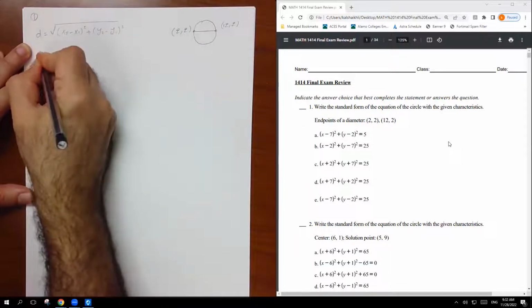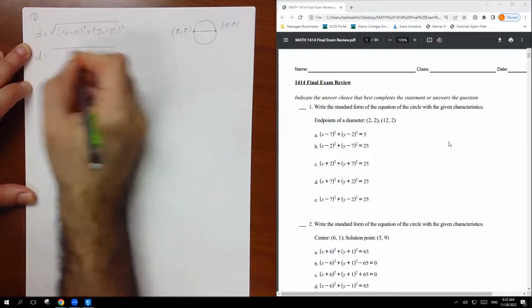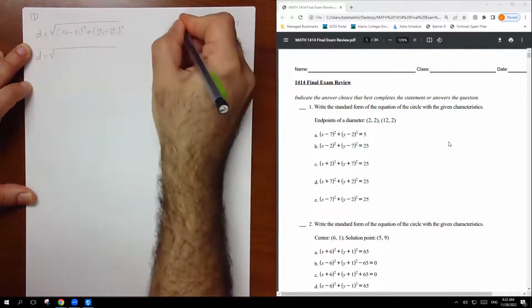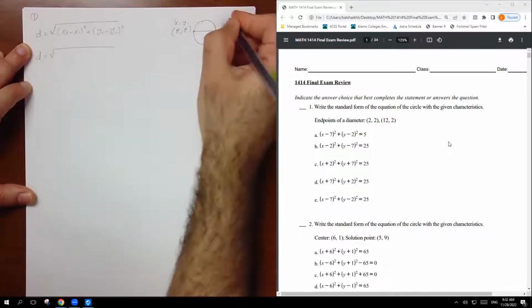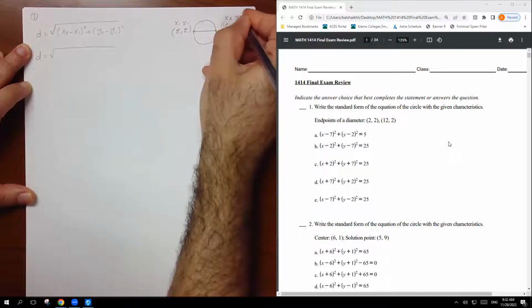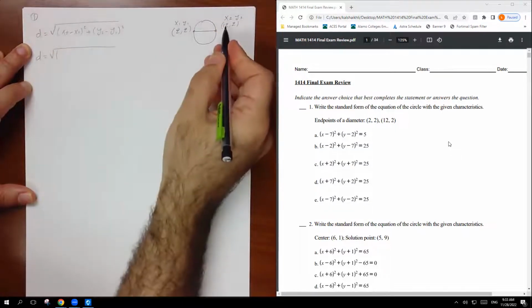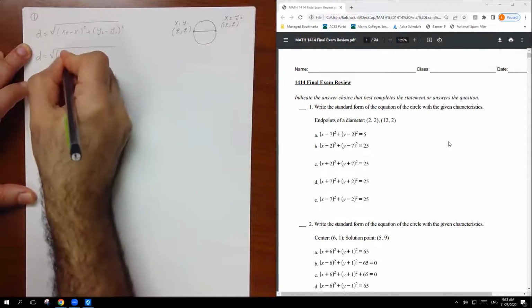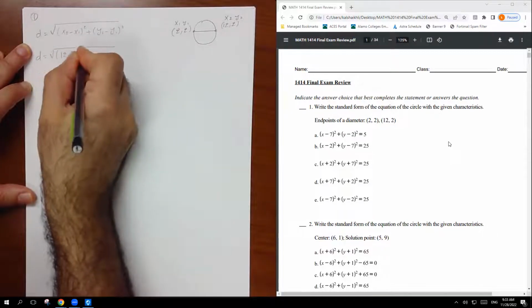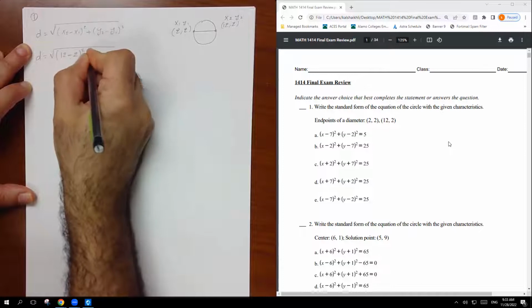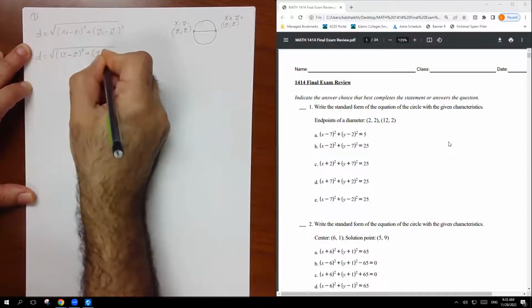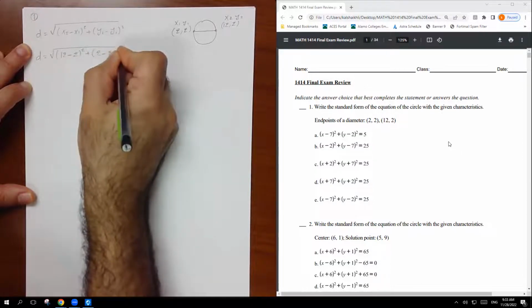I'm going to say this is (x1, y1) and (x2, y2). So it's x2, which is 12, minus 2 squared, plus y2, which is 2 minus 2 squared.